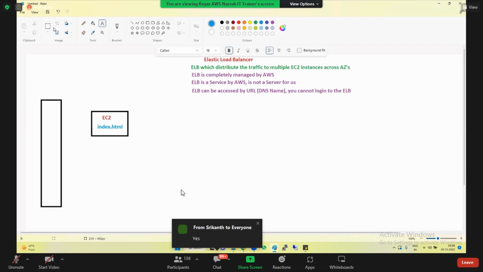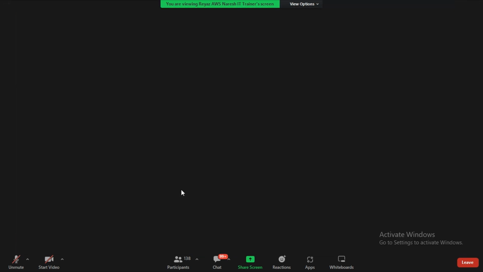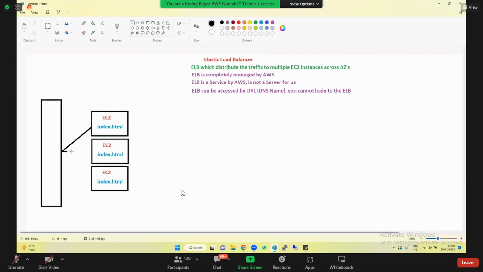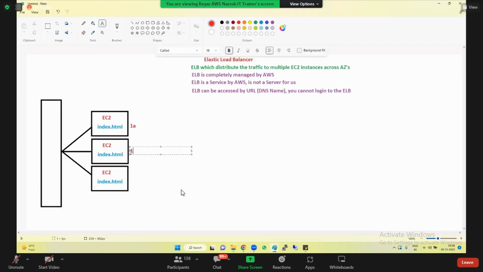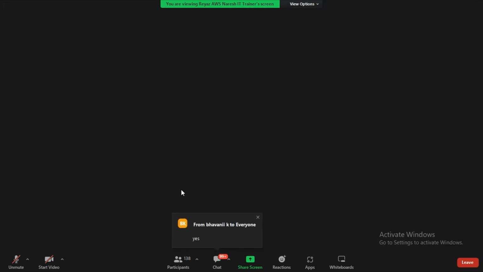Yes. So like this, I can have multiple EC2 instances, correct? Let's say I have 3 EC2 instances. Load balancer is sending the traffic to these. Okay, good. So the first EC2 instance can be in 1A, the second can be in 1B, the third can be in 1C. Yes. And on top of it, can I implement auto scaling group also if required, based on the requirement? Yes, I can do that.